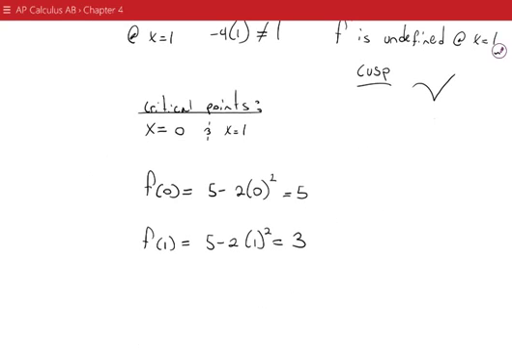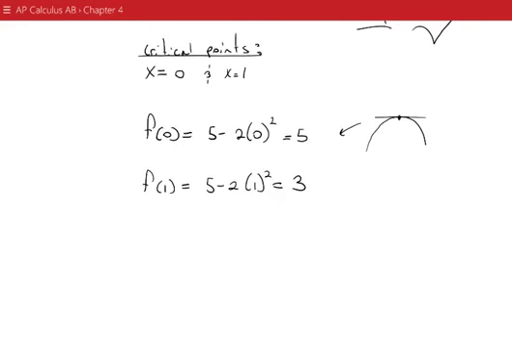And so part of our function here is an upside down parabola, and the critical point we found is the top of that parabola. So that's probably our max. And we could plug in points for the function and confirm that.